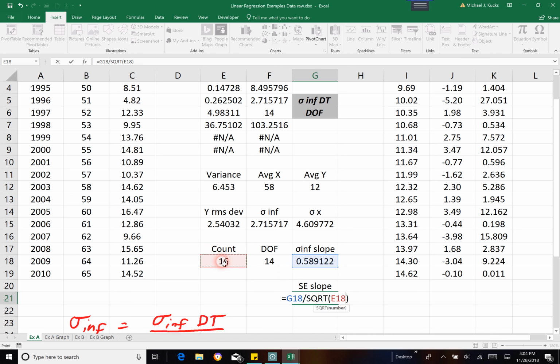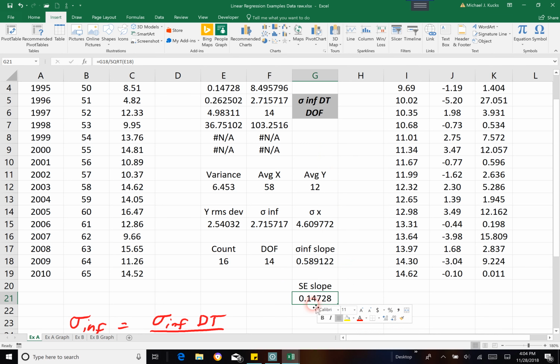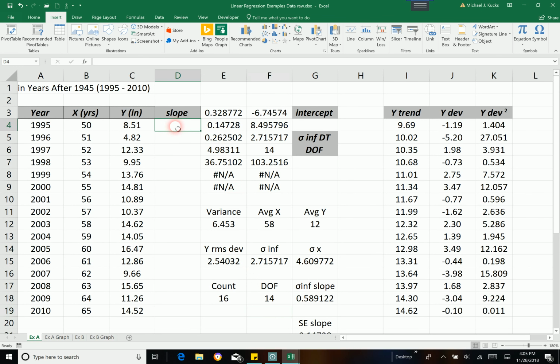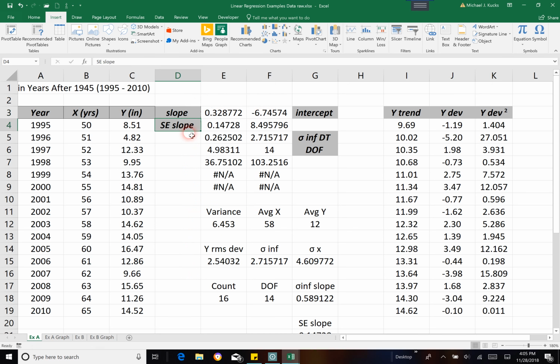Here we go, square root of n. Yep, my bad. Okay, now we're matching. Here we go. 1.14728 matches the 1.14728 up here. Okay, so in our output of our LINEST command, the standard error of the slope is this guy right here. So let's make a marker there. Okay, that's the standard error of the slope.